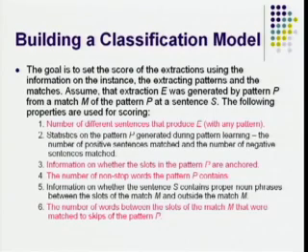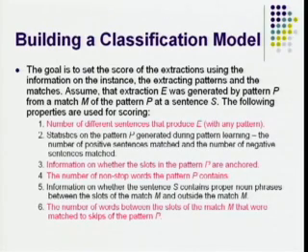The first one was just how many different sentences supported the pattern that generated the instance. If we have a lot of sentences, that's good. Then about the pattern itself that generated it, how many positive and how many negative examples this pattern matched.